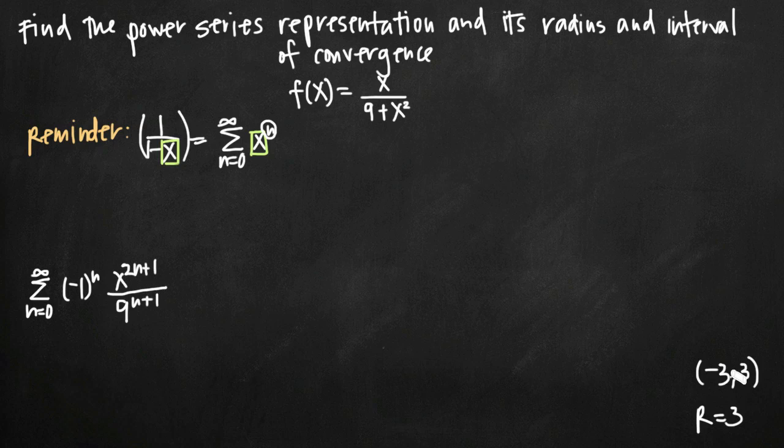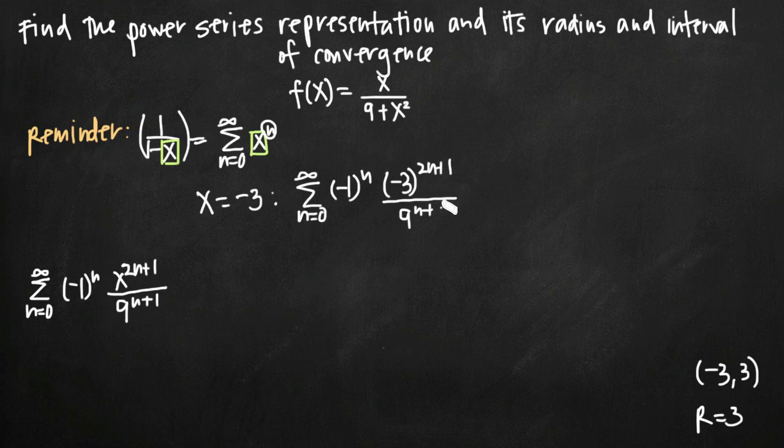So let's start with -3. Let's plug -3 in for x. So with x equals -3, here's what we're going to get. The sum from n equals 0 to infinity of -1 to the n power, here's where we plug in -3, so we get -3 raised to the 2n plus 1 divided by 9 to the n plus 1.